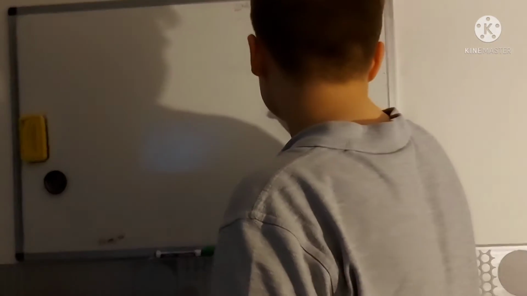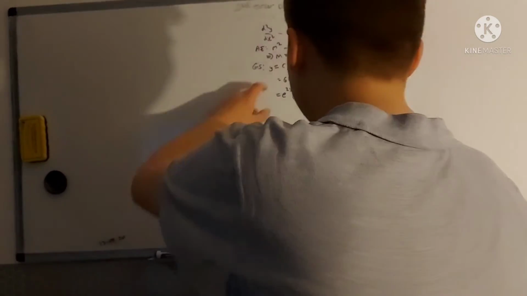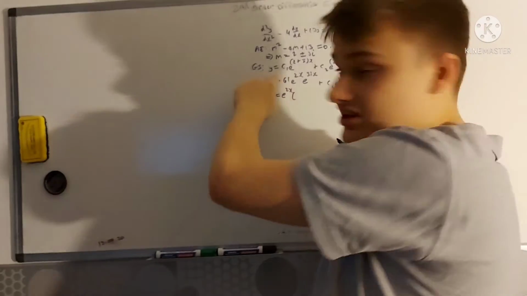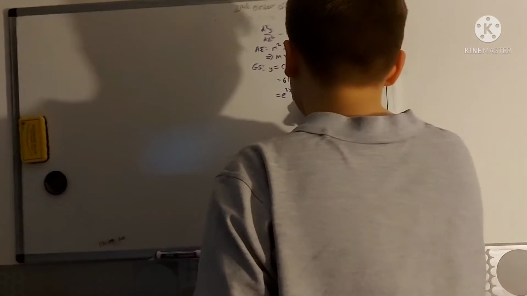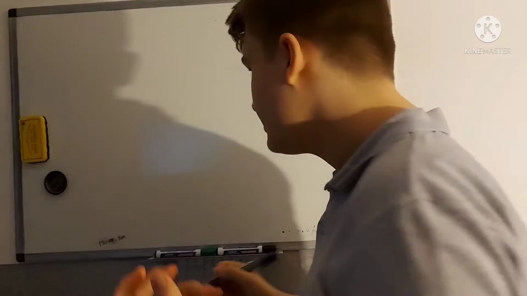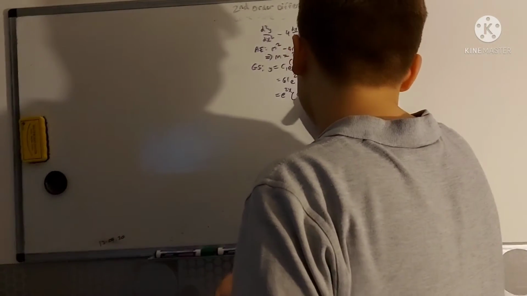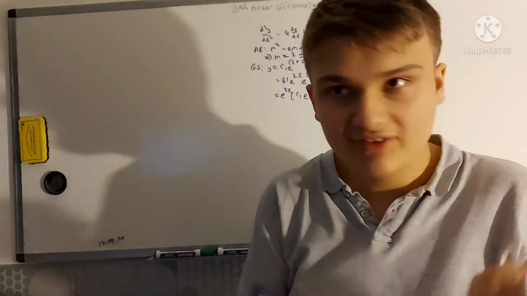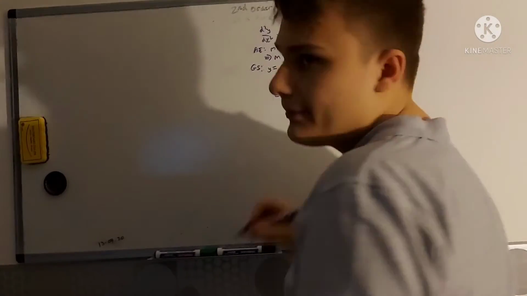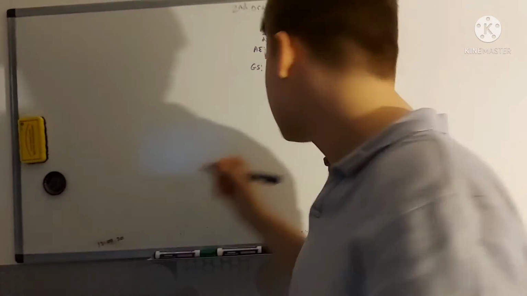So I get e to the 2x times this, which is a whole mess. It's c1 e to the 3ix, since I've already got the x, I need 3x lots of i, plus c2 e to the minus 3ix.